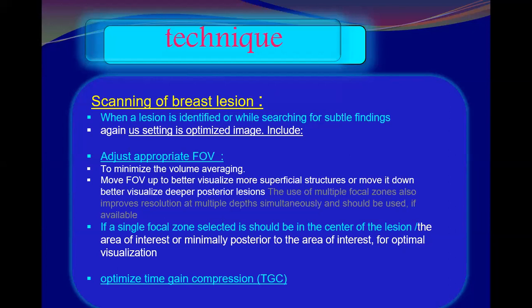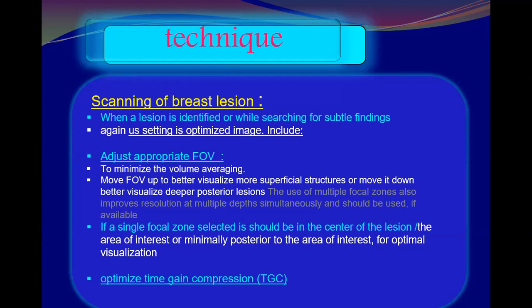And if it is deep, we'll move it down also to bring the area of interest into the narrower zone, a narrower field of view for the transducer, to avoid volume averaging.